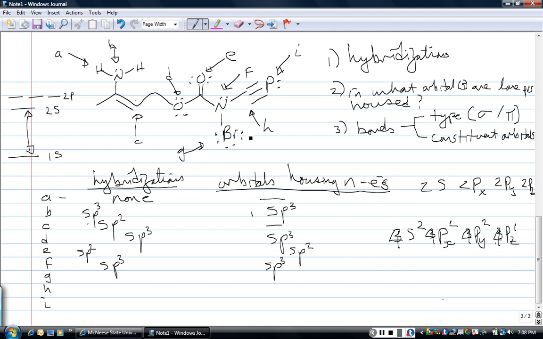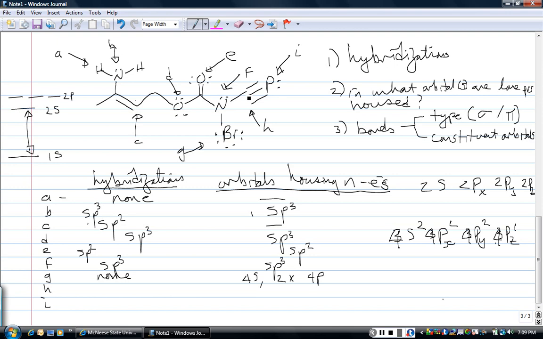So the remaining lone pairs of electrons on the bromine, 2 of them are in p orbitals, 1 of them is in an s. And I don't know which pair is where. I just know that 2 pairs are in p's and 1 pair is in an s, and that's the best I can do. So hybridization for the bromine, the answer is none. It's not hybridized. And where are the electrons being housed? They're being housed in a 4s orbital and in 2 4p orbitals.